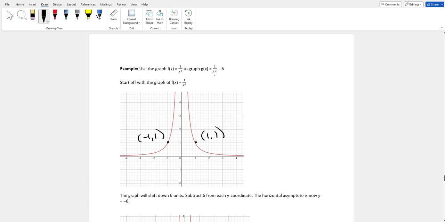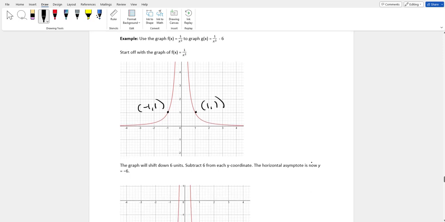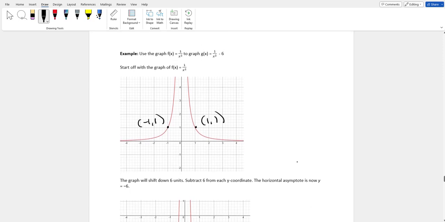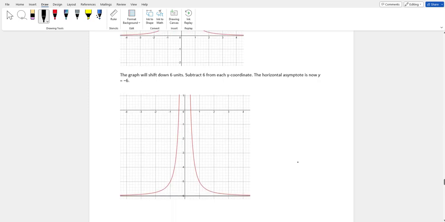We don't have any horizontal shifts, because you don't have any numbers down here with the x squared. But you do have a vertical shift because you have a -6. So we're going to subtract 6 from each of the y coordinates. I get -1, -5, and I get 1, -5.